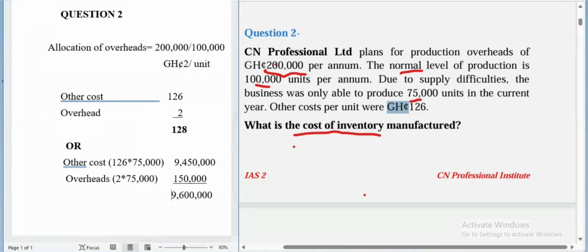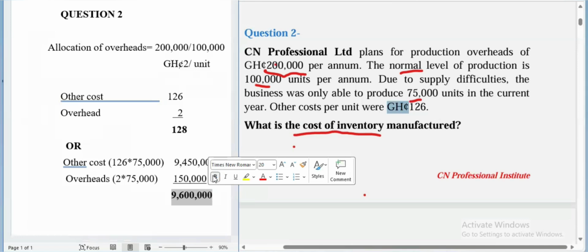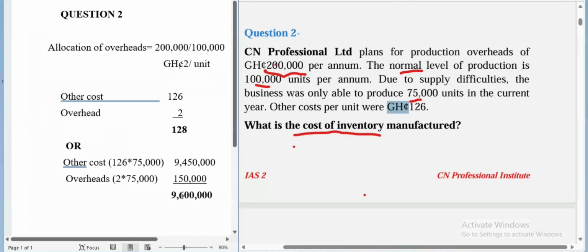So this is the total cost of inventory produced, 9,600,000. And equally, if you multiply the 128 by 75,000, you get this 9,600,000. So you can do it that way when you get the cost per unit. This 128 is the cost per unit, multiplied by the 75,000, and that gives you 9,600,000. So the total cost of inventory produced is 9,600,000.